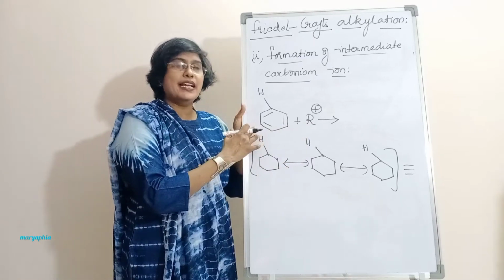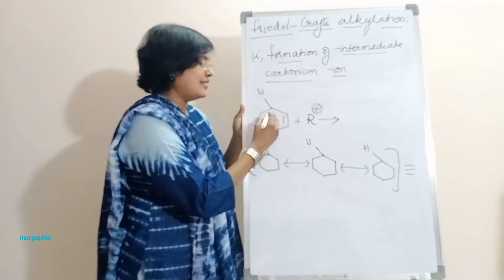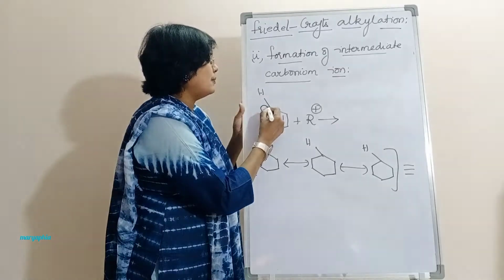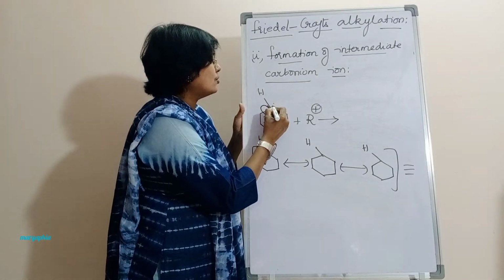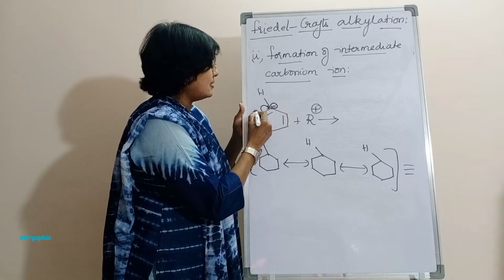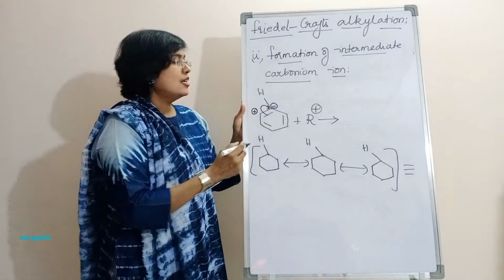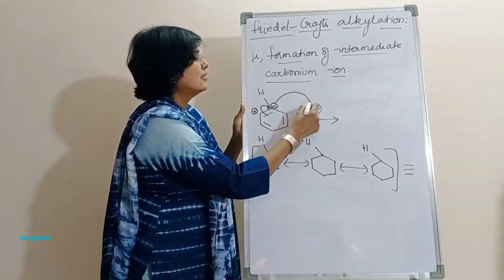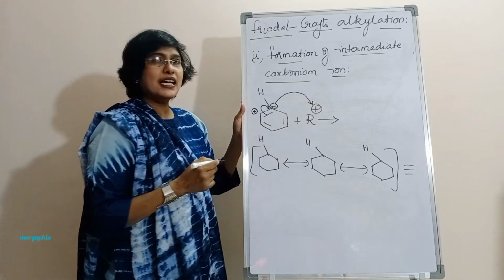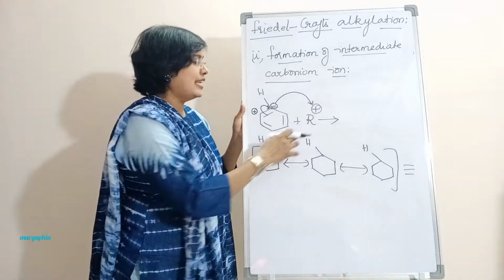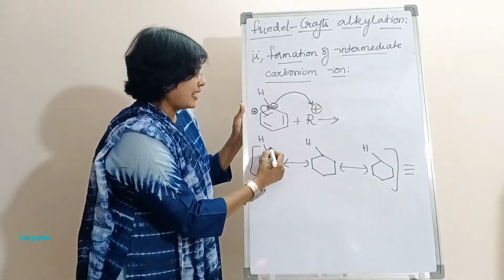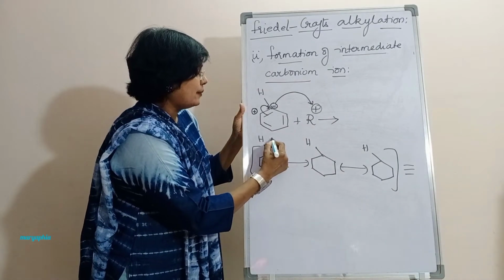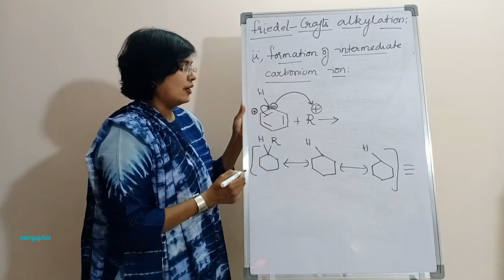So it undergoes electromeric effect. The same mechanism, these 2 electrons will be shifted to this carbon. So here this gets minus and this gets a positive charge. This carbon with a negative charge attracts the electrophile.